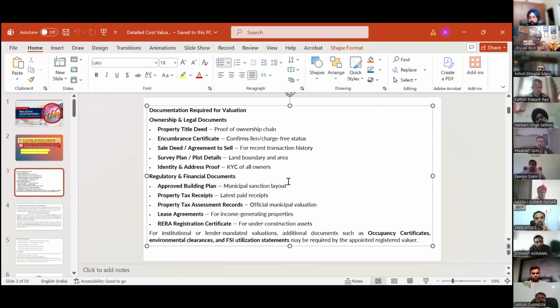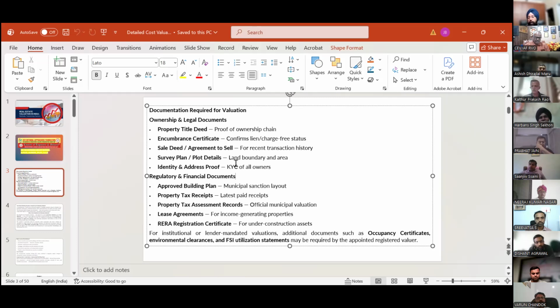If you are doing valuation for a housing loan, many times you have to carry out valuation of the plot, and you have to go through the agreement to sell. Then you must have a survey plan.